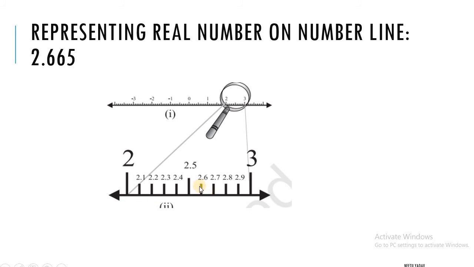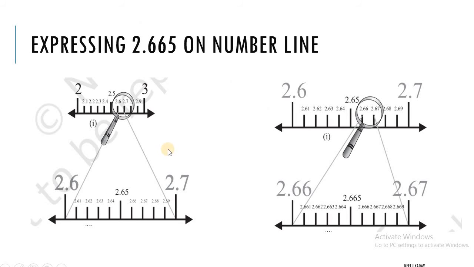So next step is, now if this is 2.660 and this is 2.670, so this particular line will be 2.661 this way, this one 2.665. This is the 2.665, and by this way we can represent any given decimal point expansion up to given points on the number line.